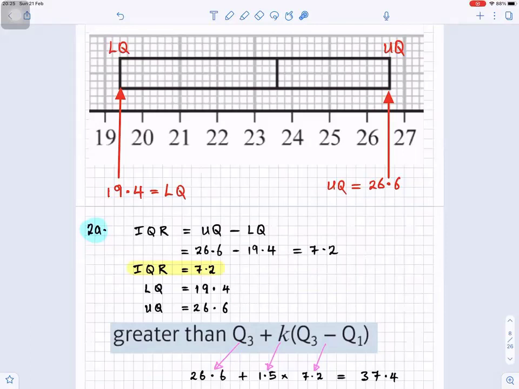So we want to find a value which is greater than Q3 plus k bracket Q3 minus Q1. Upper quartile is the Q3, k is 1.5, interquartile range is 7.2. If we put that in our calculator, we get 37.4. So anything above 37.4 is an outlier.